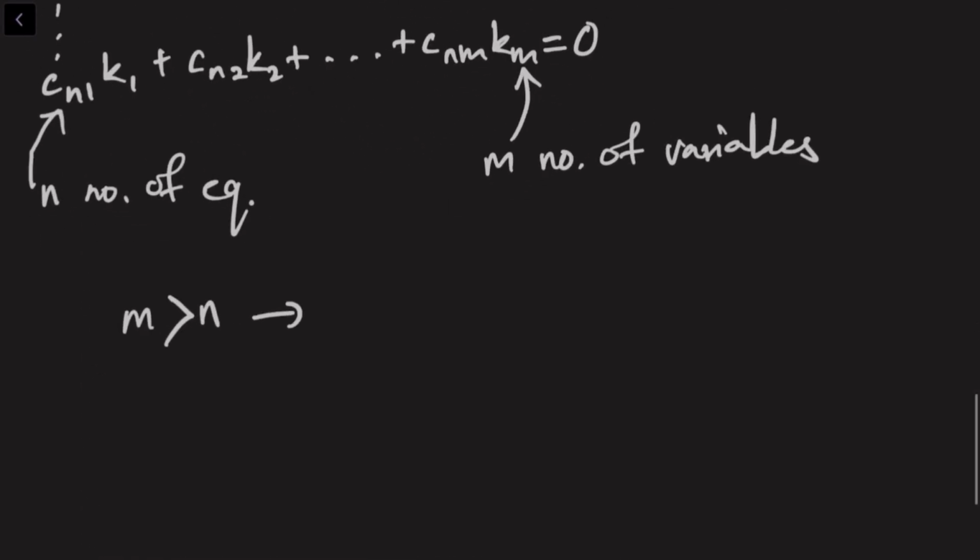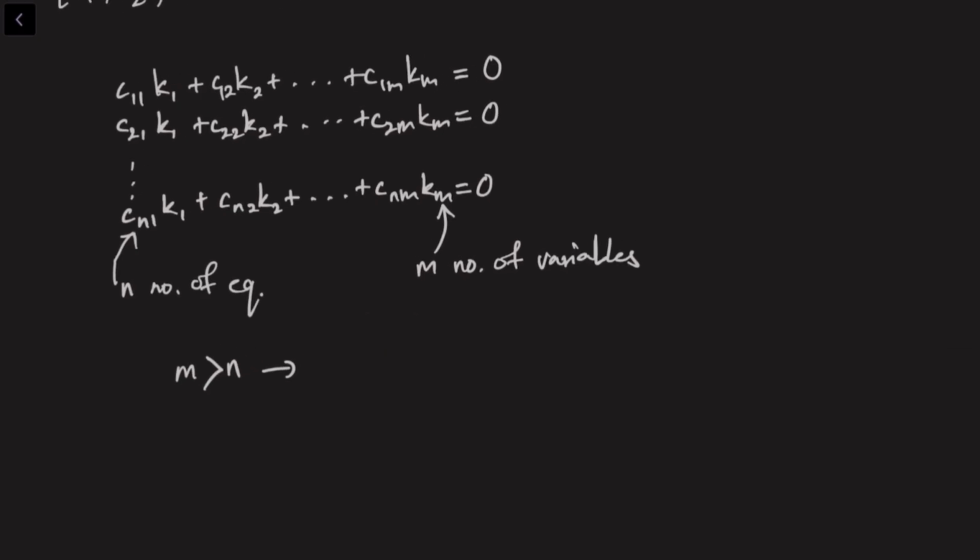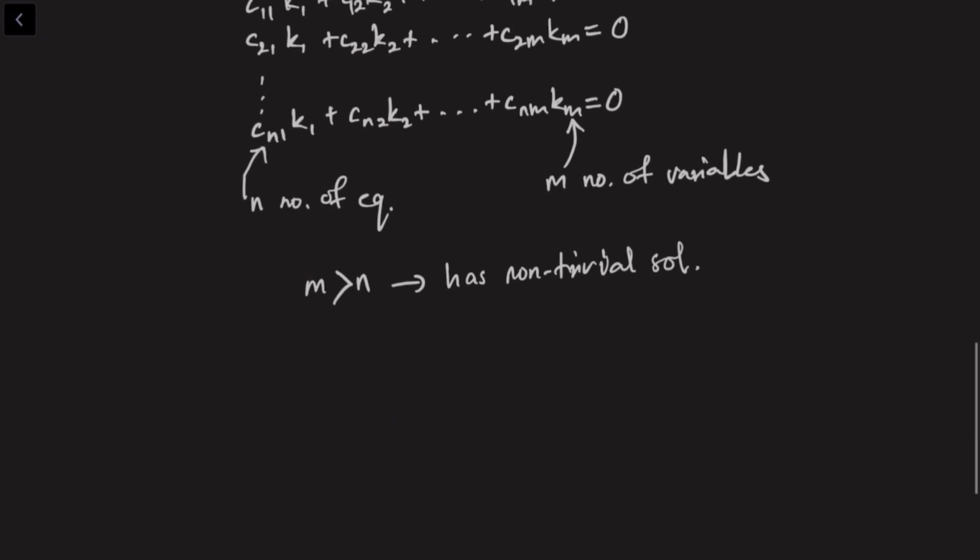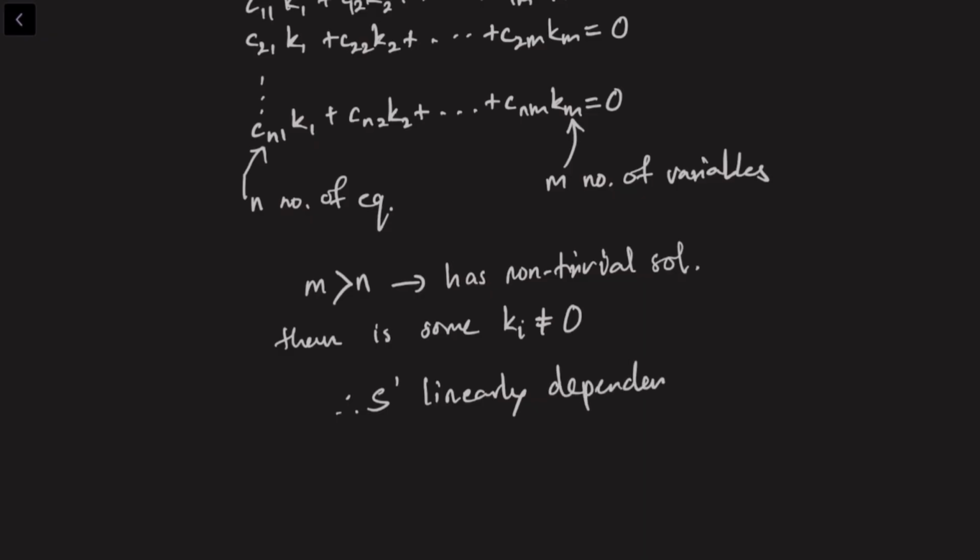That means this system of equations, if we solve for the k's, has non-trivial solutions. So there is some k that does not equal 0, so S prime is linearly dependent. And that is it for part A.